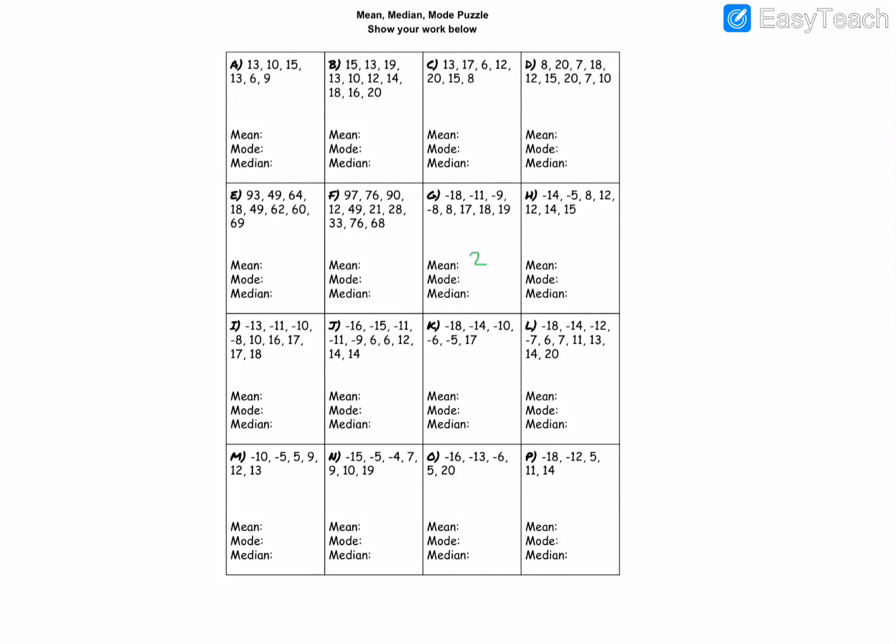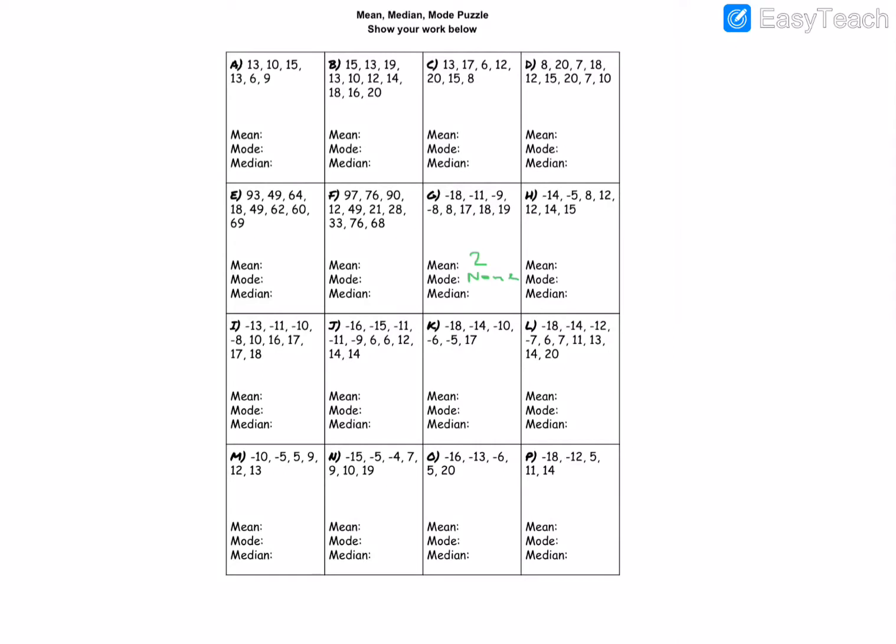My mode is the number that occurs the most, and they all only occur one time, so the mode is none. And then the median is what is right in the middle.